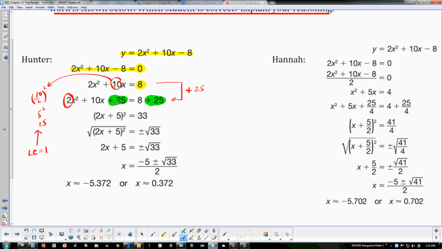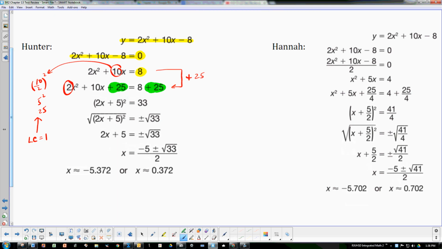All right. And Hannah, if we look over at Hannah's, all of this looks correct. Look right here, she divided by 2, and now we have 5 halves. You might want to see this. Here's our 5, and this is our 1, so we can complete the square. 5 halves squared, well, that's going to be 25 fourths, and that's what we want to add on both sides.